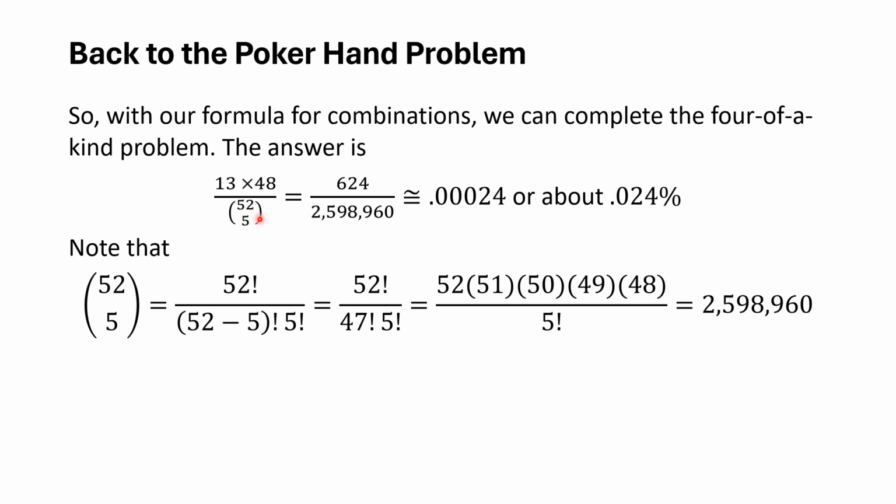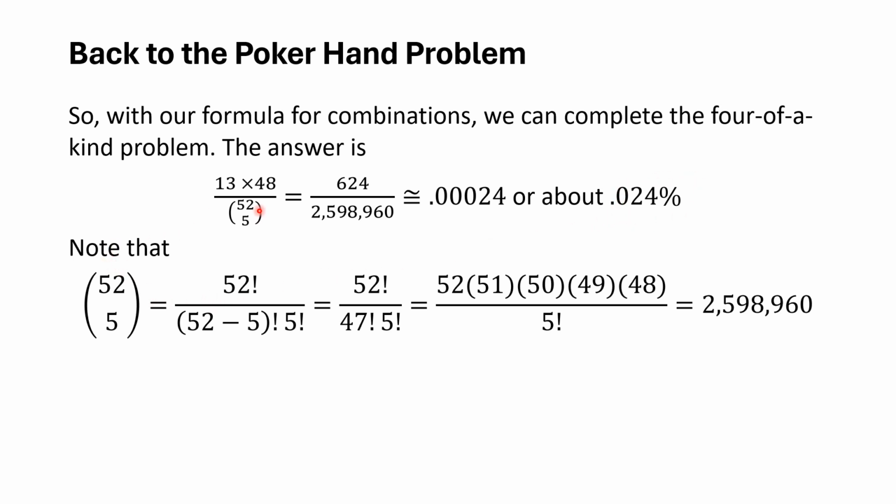If you look up combinations, I'm sure you'll find an online app that'll do this computation. It comes to 2,598,960, and then this product on the top is 624, and that's about 0.0024 or 0.24%. So very, very slim possibility, and anyone who's played poker knows that that doesn't happen very often.